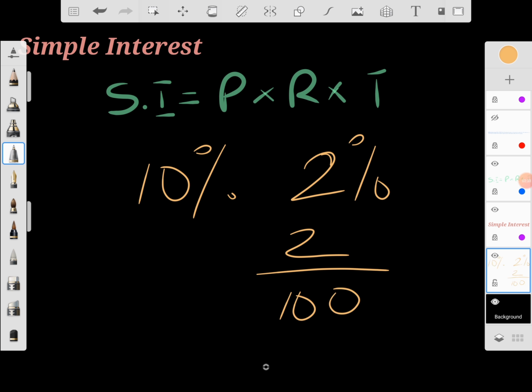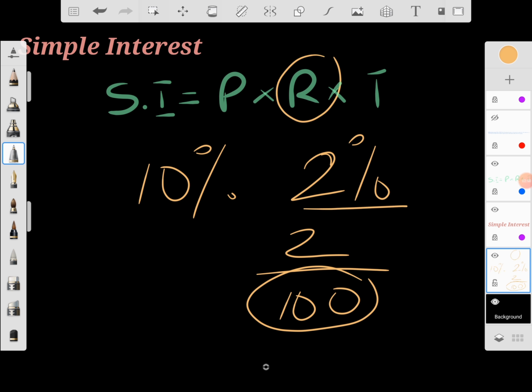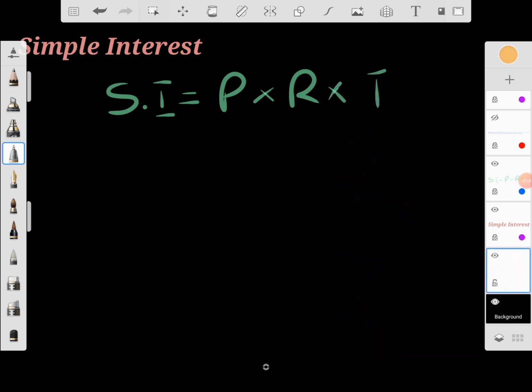So this 100 is what they are putting in the formula. So you need not study that formula. Just study it as P into R into T. Whenever R comes, that means rate comes, just substitute 2% means 2 by 100, or 3% means 3 by 100. Just do that and you'll get the right answer. You will see that when I do a question. For now learn that this is the formula, and remember, this is only the interest.